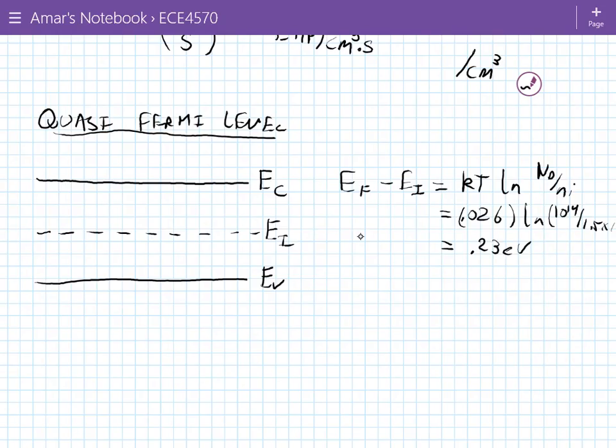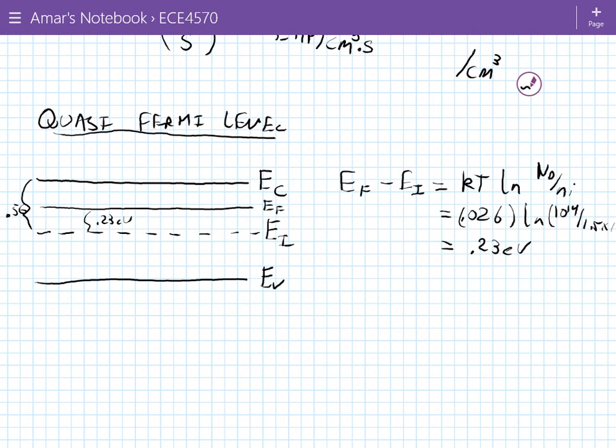All right, I know this will be about halfway because I know this distance here is about Eg over 2, so this is 0.56. And so this should be about 0.23 electron volts. So this is our EF.